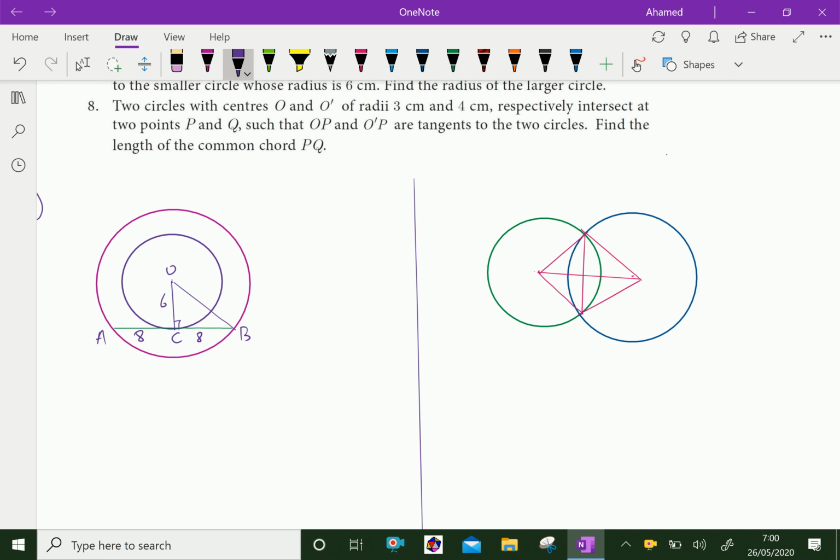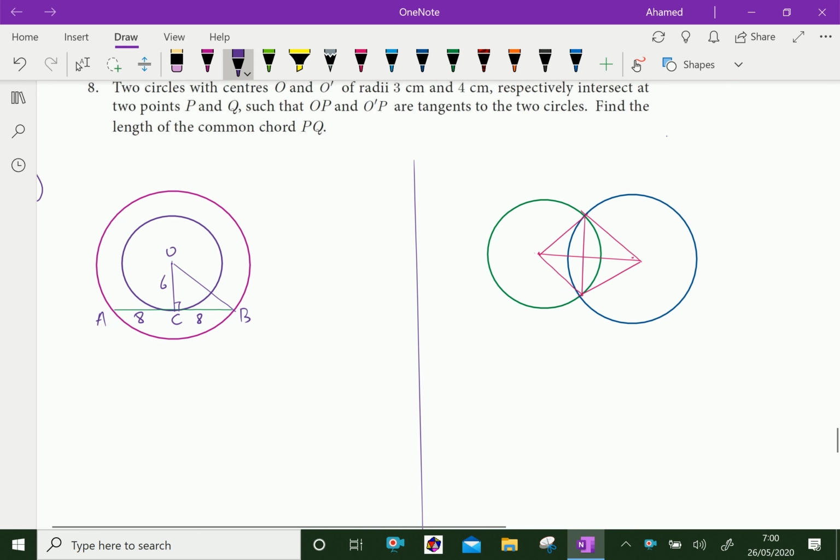Now here the given AB is 16 centimeter and CB equals 8 centimeter, CA equals CB, 8 centimeter. Also the given OC is perpendicular to AB.